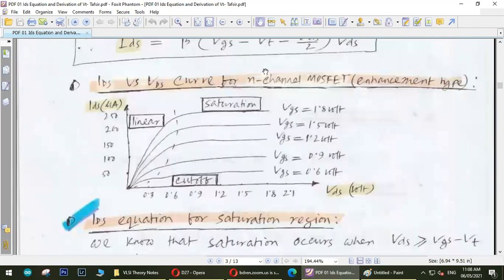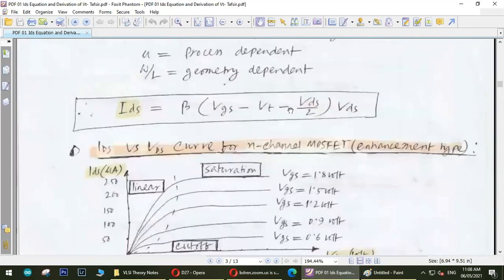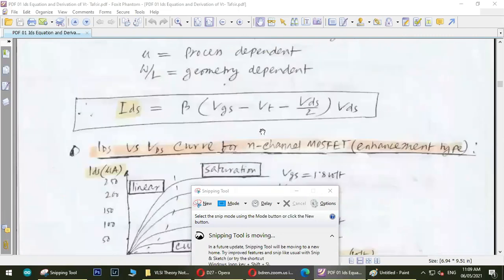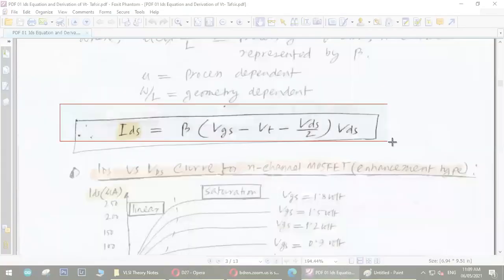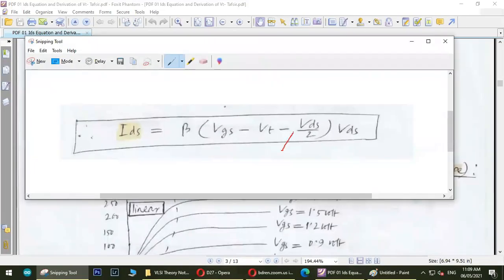Here, at the place of this VDS and this VDS, we will put VGS minus VT, here as well and here as well.